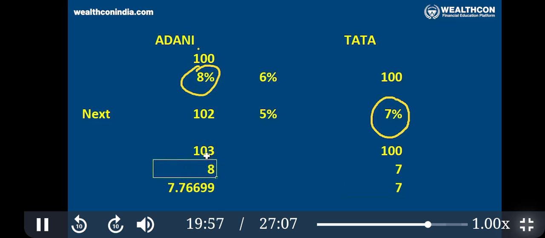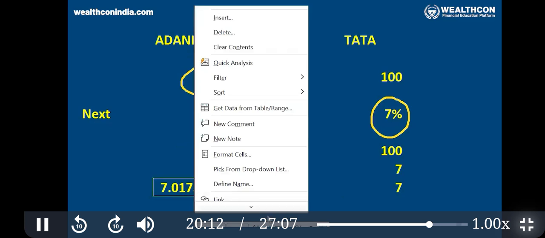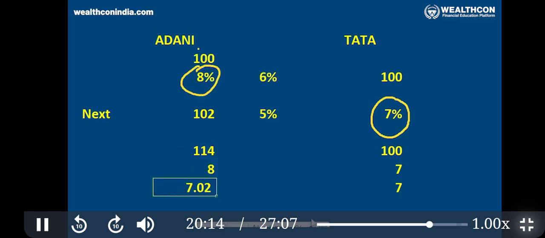So people will increase the premium and keep buying. The price will keep increasing, and it will stabilize and exactly equalize at the Tata return.